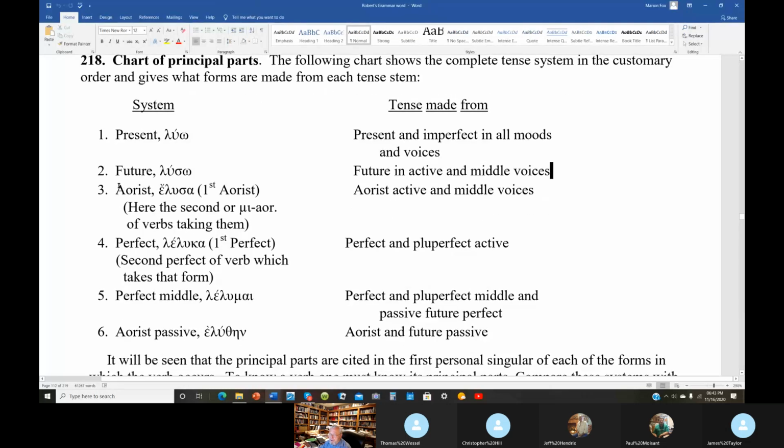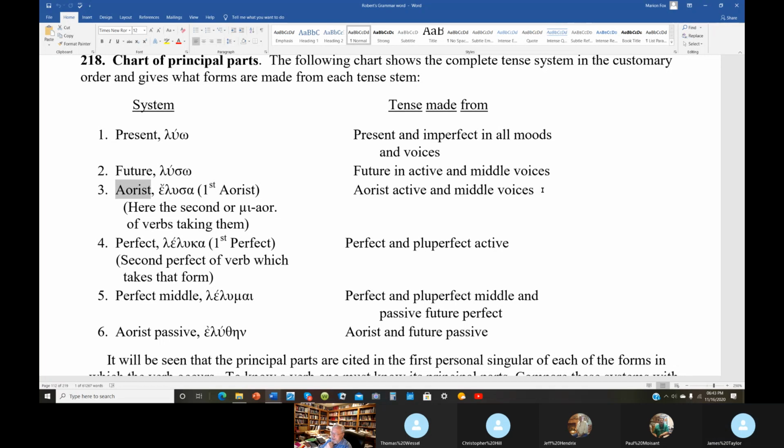Let's take our aorist, and we got a first and second aorist. That kind of throws us off a little bit, but we'll go into that in just a minute. The aorist, active and middle voices. Now, why isn't the passive the same? Same as the future, same answer.